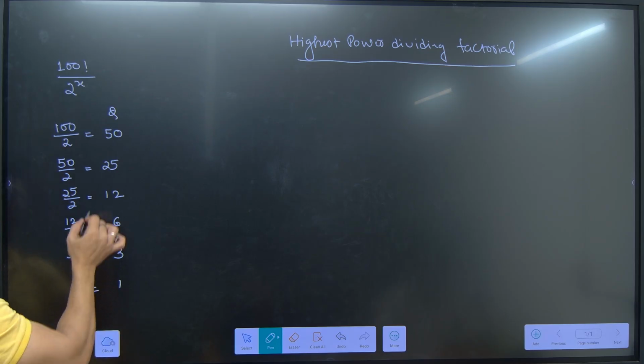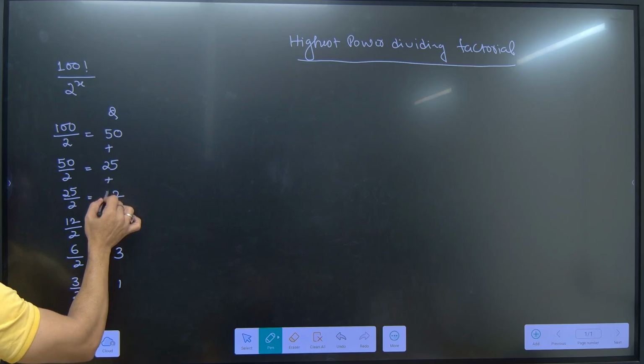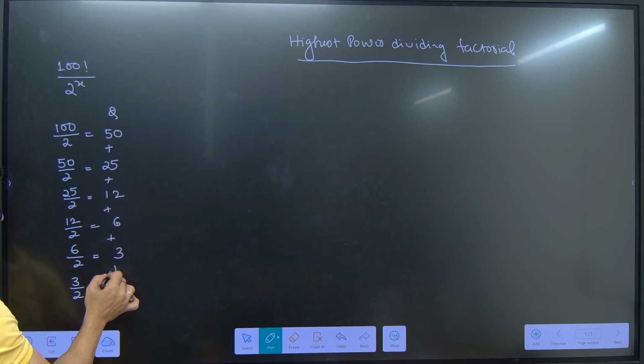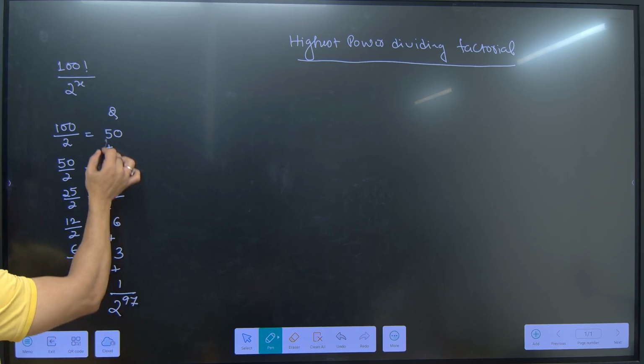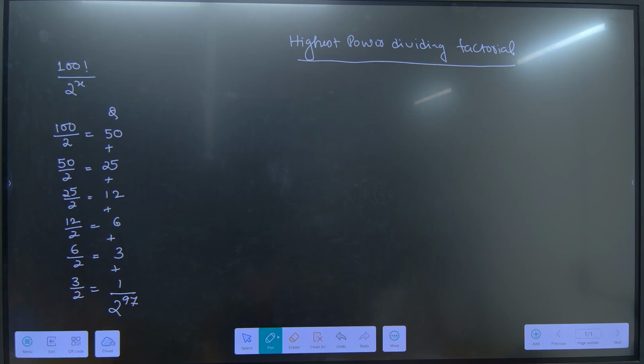After that, you cannot divide it. You simply add all of them, and whatever the sum is, that is the highest power of 2 in 100 factorial.